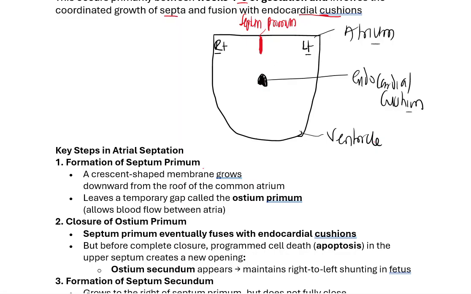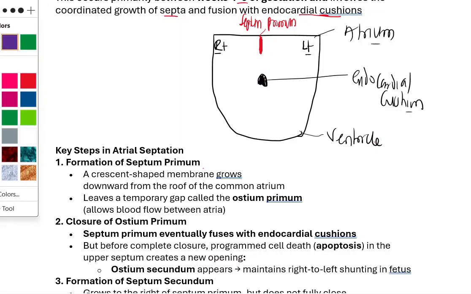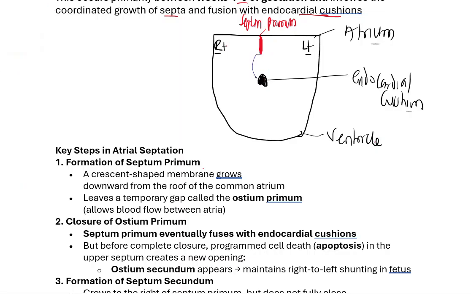And then the space between this septum primum and the endocardial cushion, this opening, we're going to call it ostium, right? So that's going to be the ostium primum.